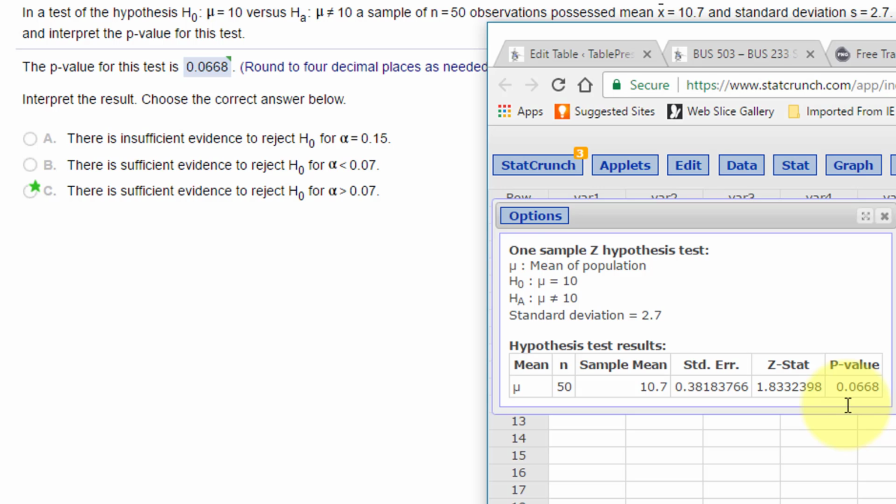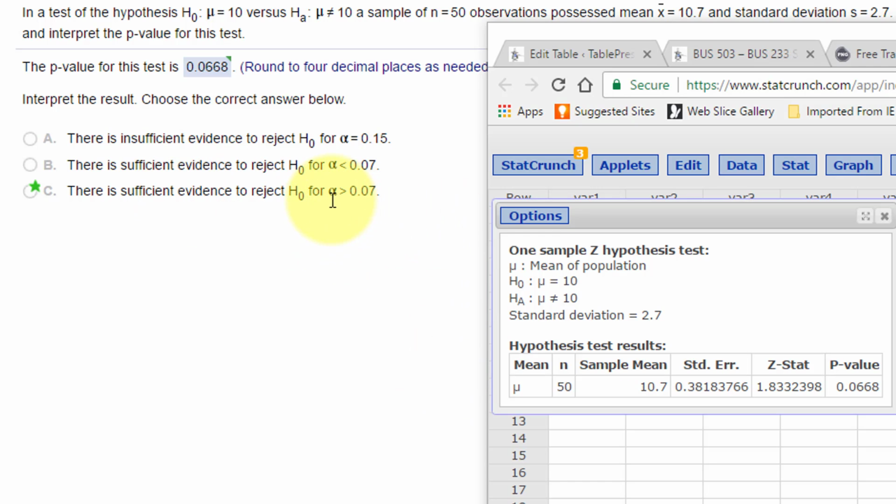Now watch that. Our alpha in this option here is less than 0.07. 0.0668 is less than 0.07. Therefore, you would reject. Wow, I almost stumbled here. They're really tricky on this question.